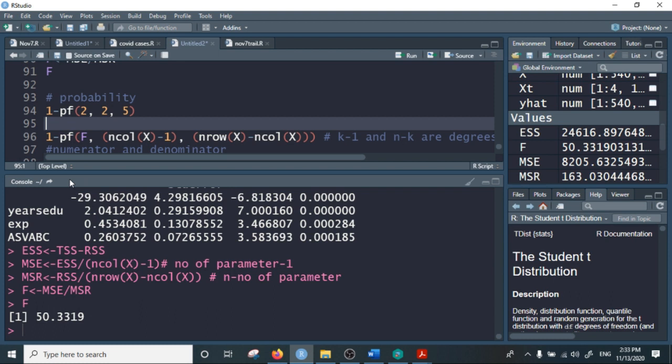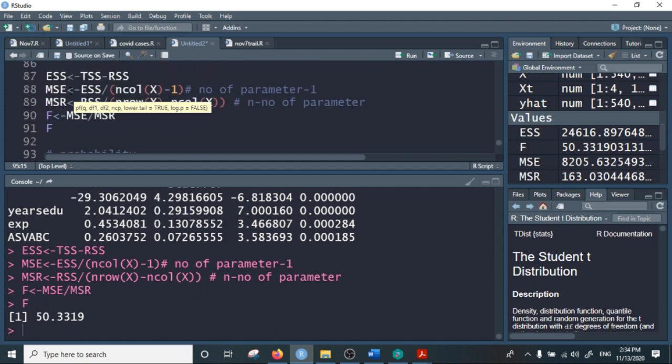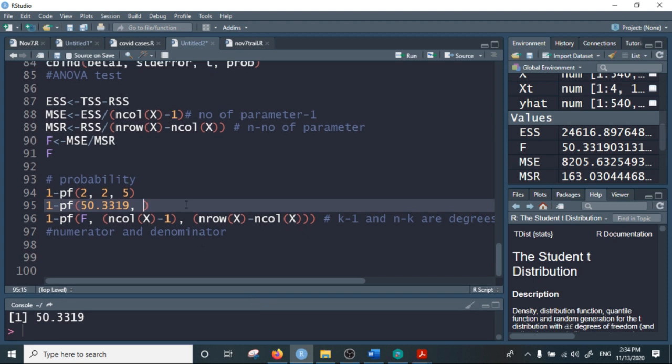So in our case, for instance, 1 minus pf, the F value was 50.3319, comma, the degree of freedom for the numerator is number of parameters minus 1, which is 4 minus 1, which is 3.